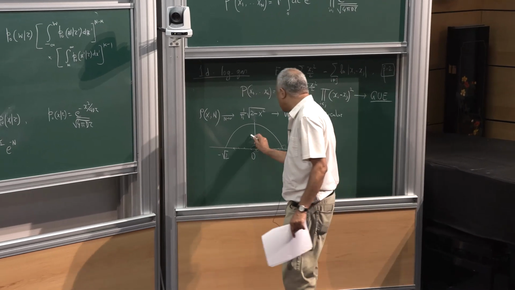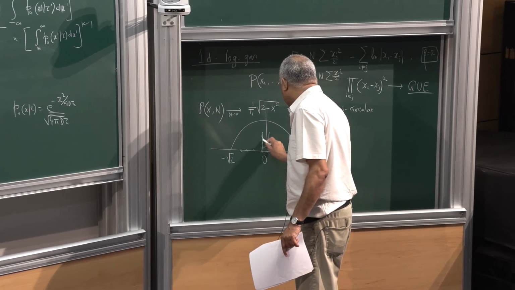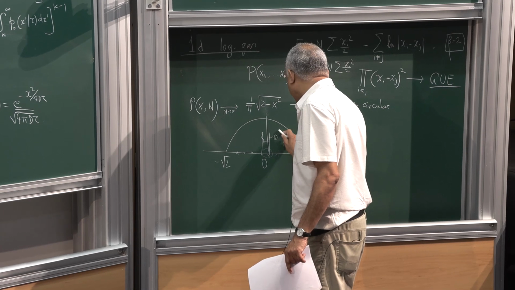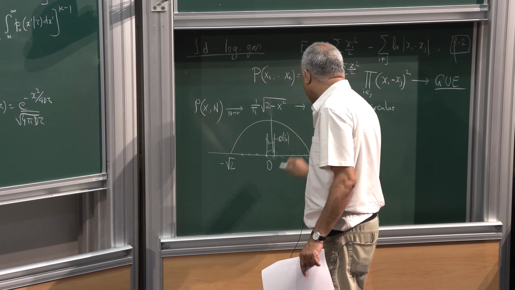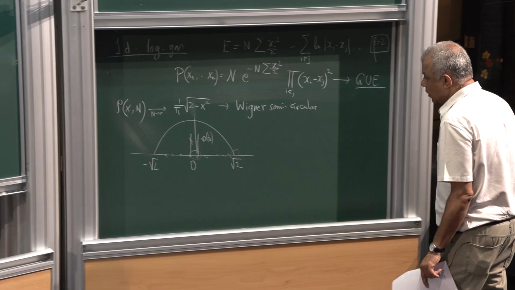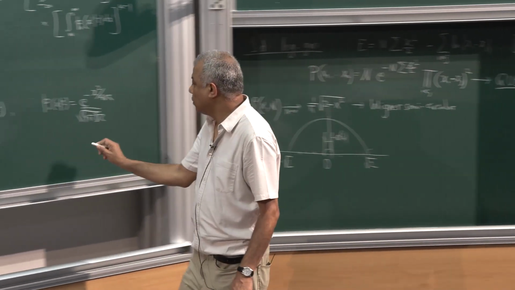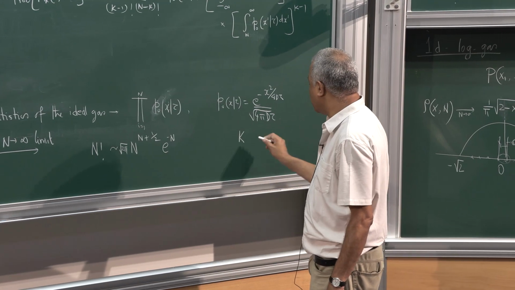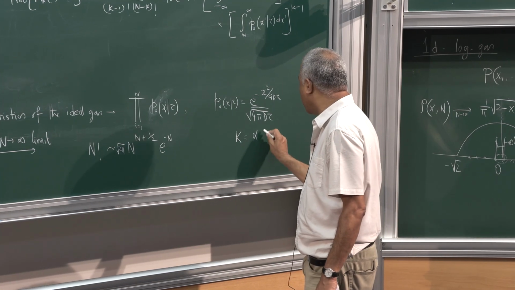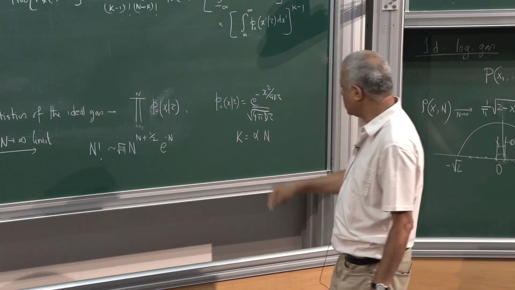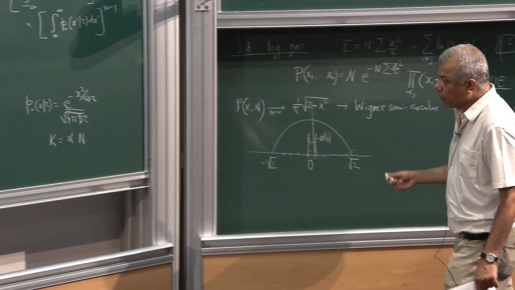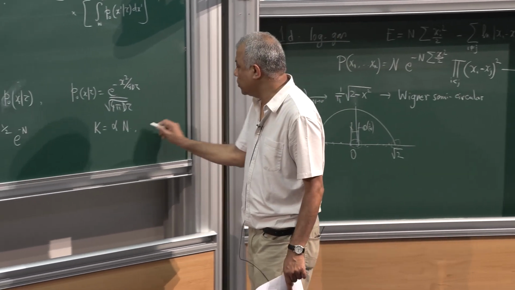Typically the separation between these guys is of order 1 over n. So you can set k equal to alpha n, where alpha is a number between 0 and 1.